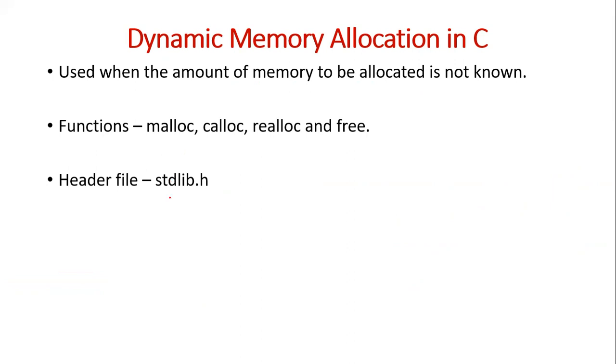So how is dynamic memory allocation done? It is achieved by using these functions: malloc, calloc, realloc, and free. Using these functions, dynamic memory allocation is done in C programming. How that happens, we will discuss in this session.